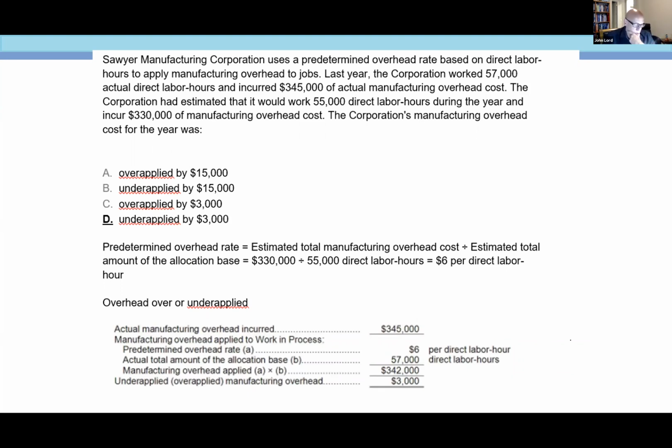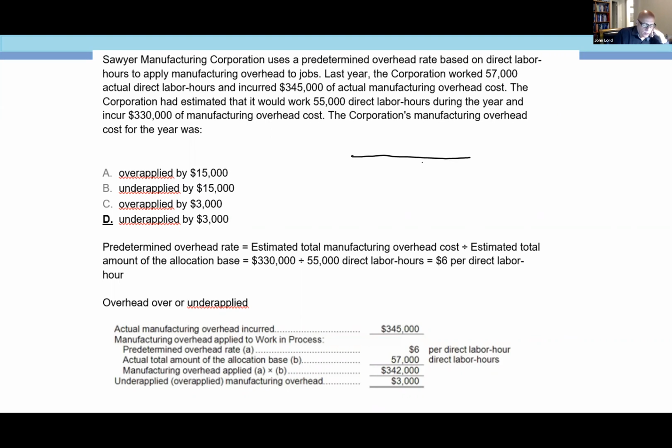So this Sawyer Manufacturing Corporation used a predetermined overhead rate on direct labor hours to apply manufacturing overhead to jobs. Last year, the corporation worked 57,000 actual direct labor hours and incurred 345,000 of actual manufacturing overhead. Now stop.